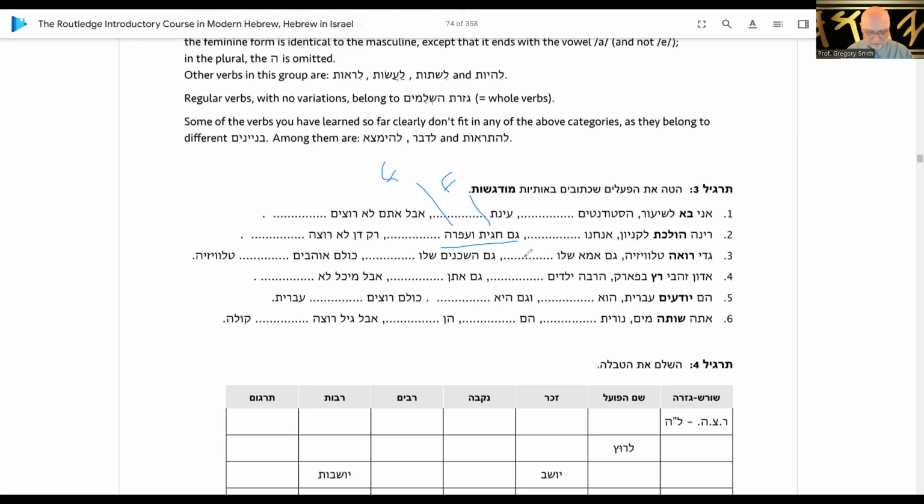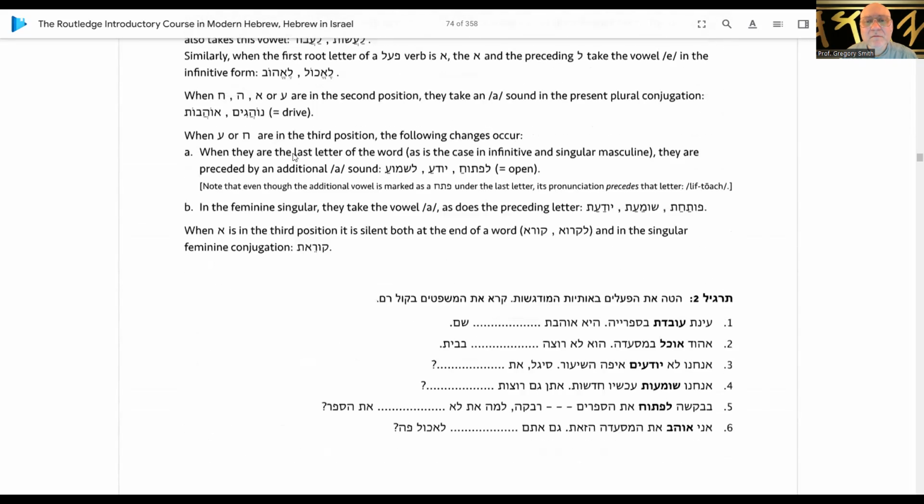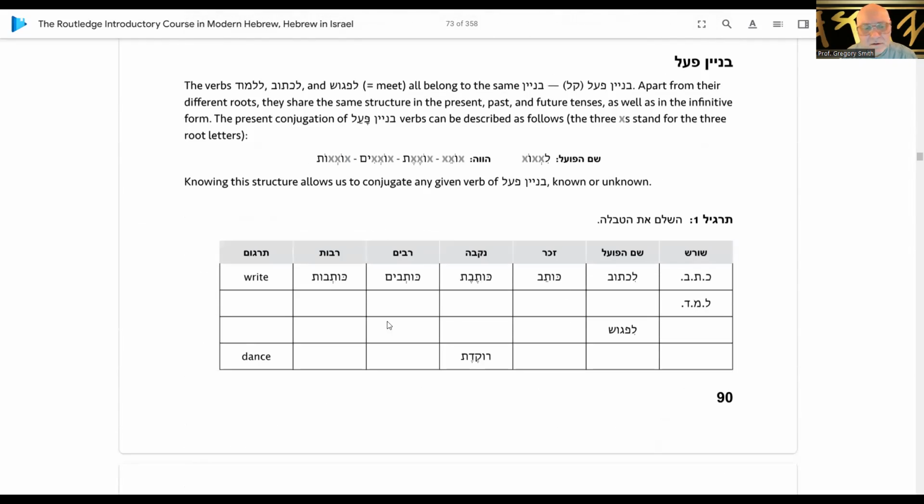Okay, so I'm going to have to look it up in Pa'alim. Rina holechet lakanyon. So it's got to be something like holchot. Let me see if that is included in this thing here. Oh, we didn't have it there.